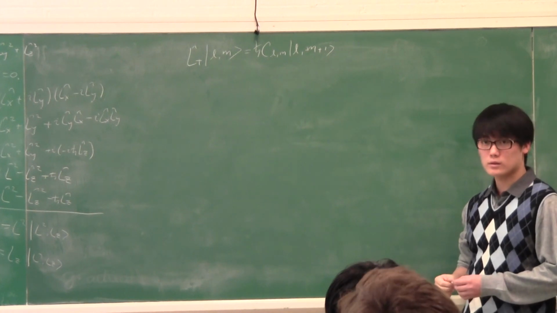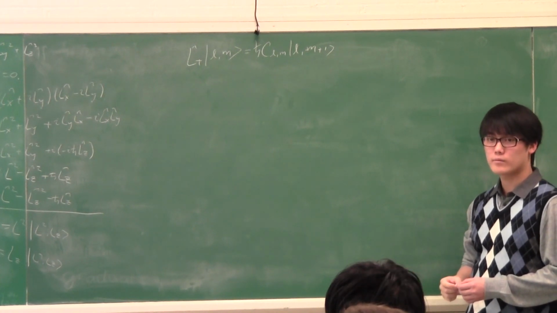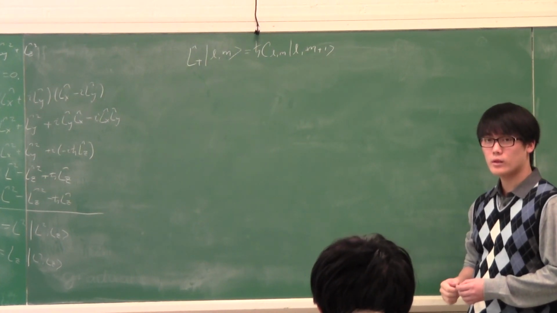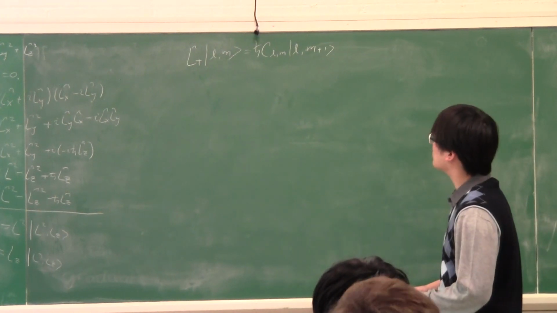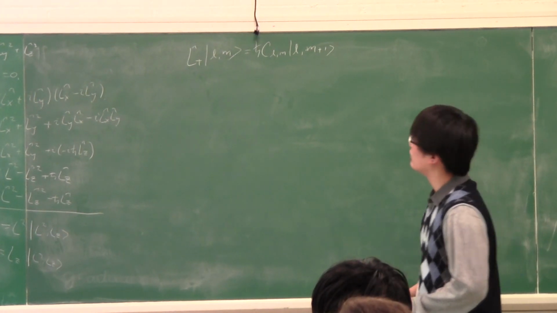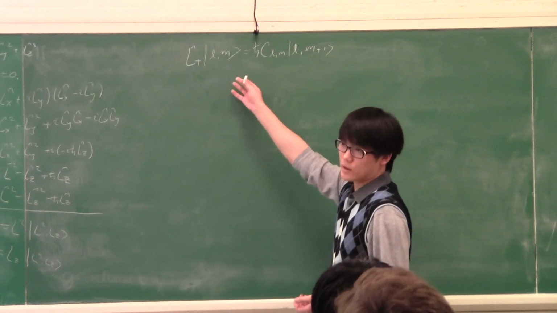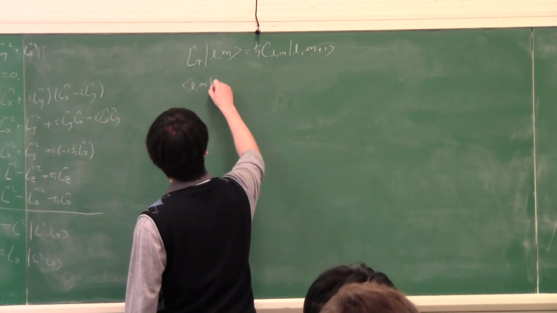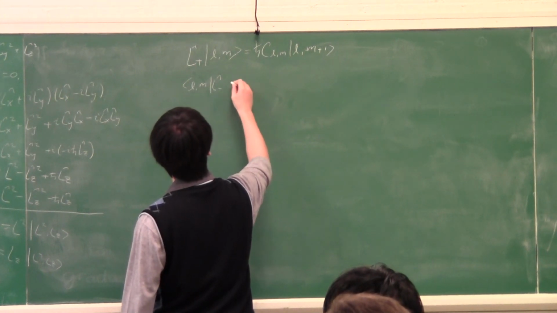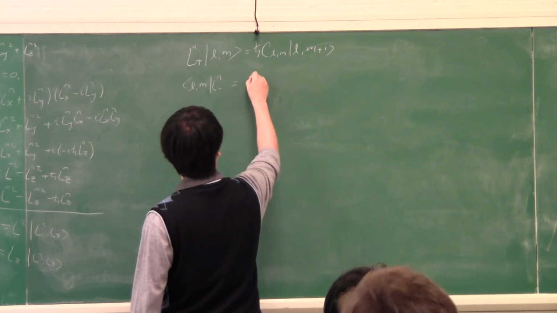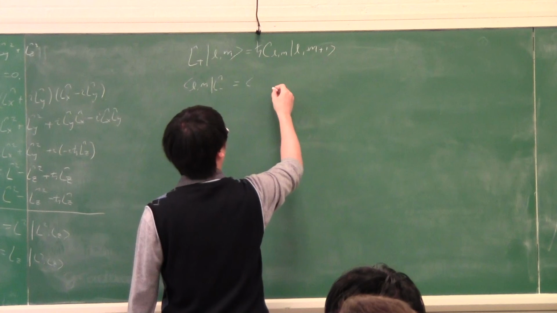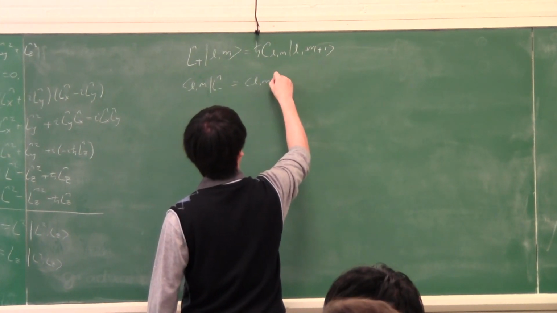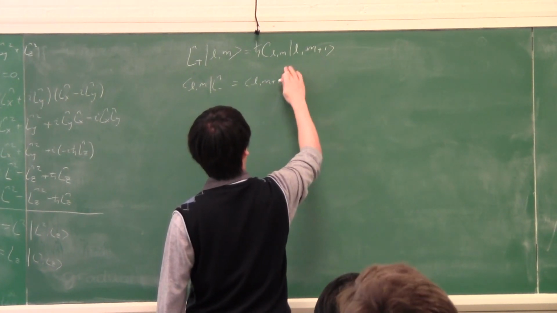Right? Okay. Right. So now what do we do with this? The same thing. Let's take this and compute the bra, right? Which is <L, M| L minus. This is equal to <L, M plus 1| h bar, and there's a conjugate here, right?